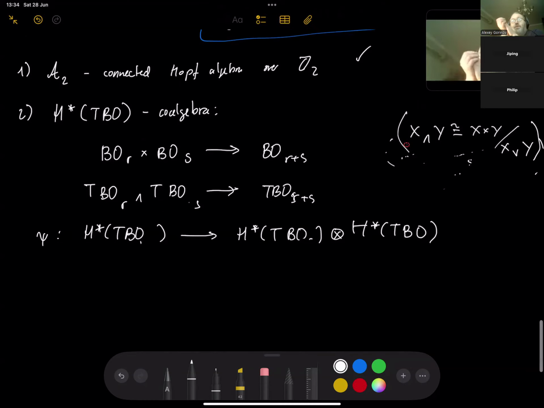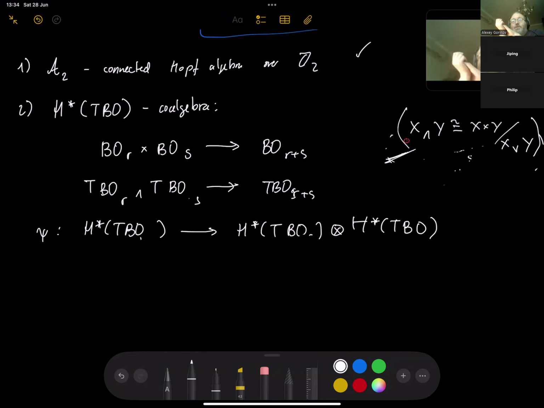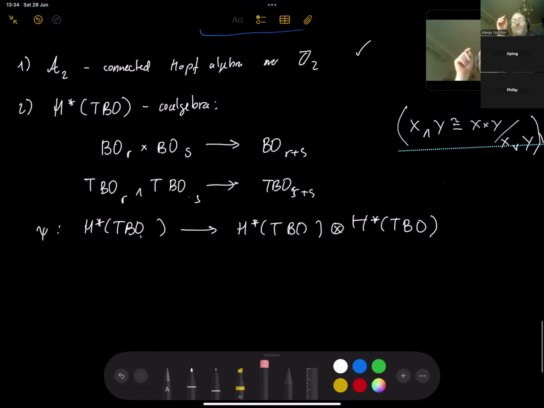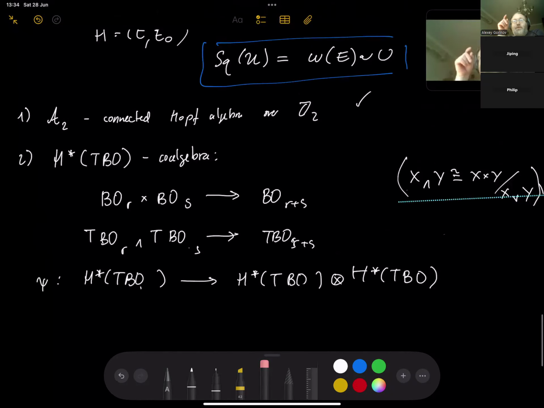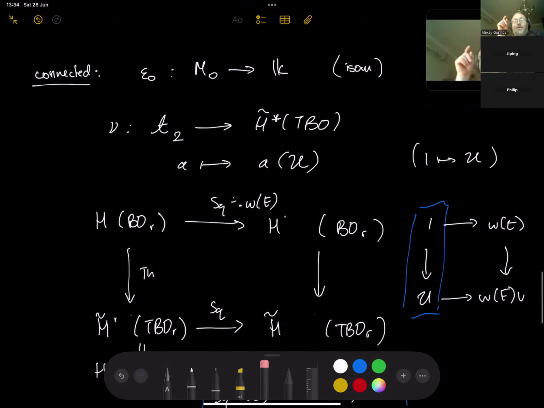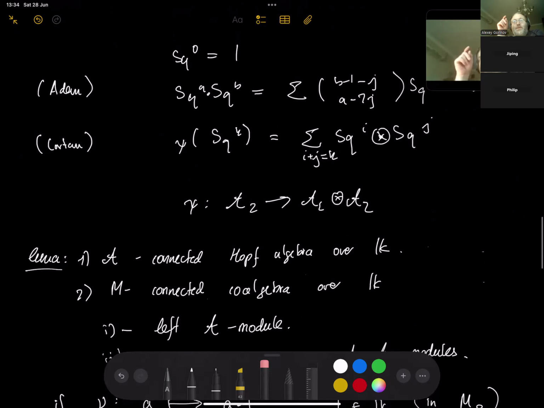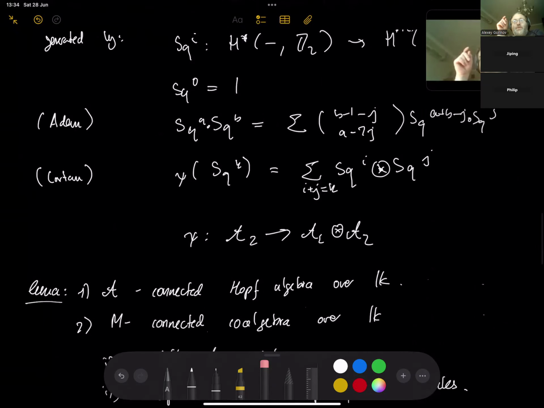Okay. So this is the co-product, but psi is not quite the co-product? If we look at the formula in the lemma, there is a psi somewhere further up, like on SQ.